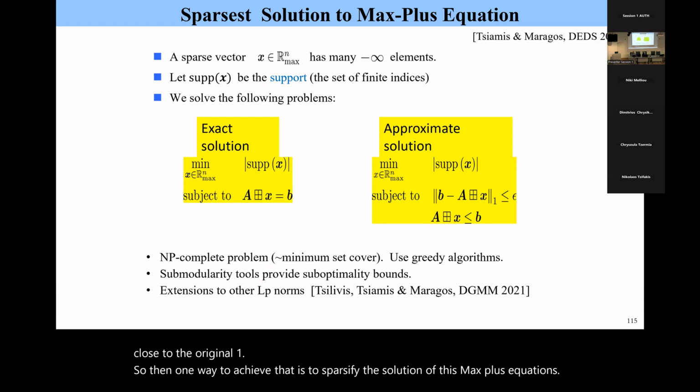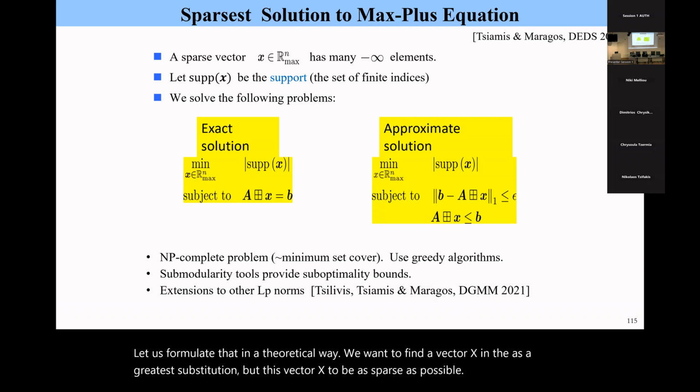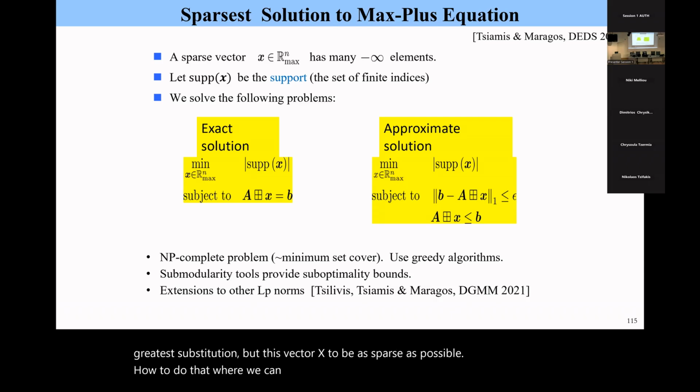Let us formulate that in a theoretical way. We want to find a vector x as a greatest subsolution, but with this vector x being as sparse as possible. How to do that? Well, we can minimize the L0 norm. But it happens that this problem is NP-complete.